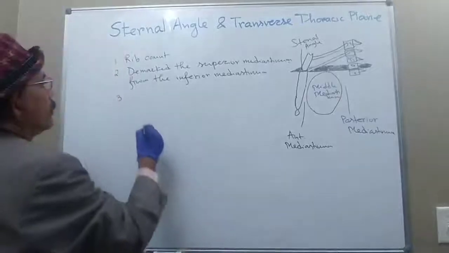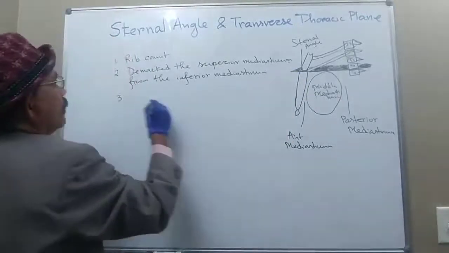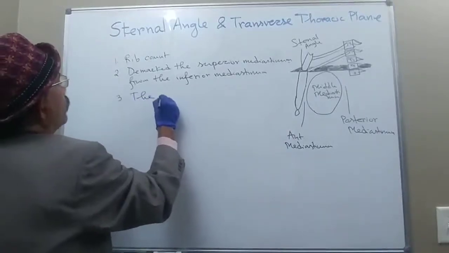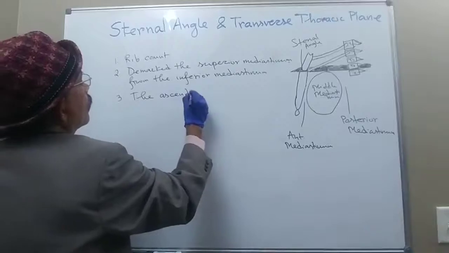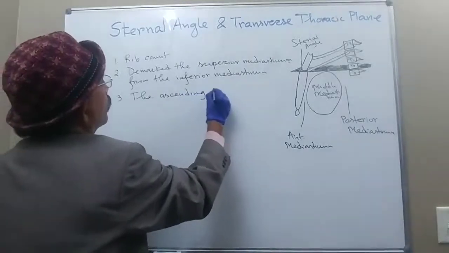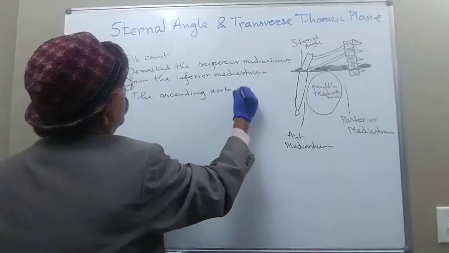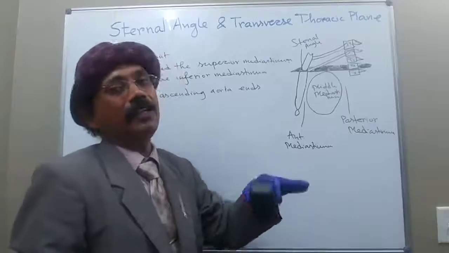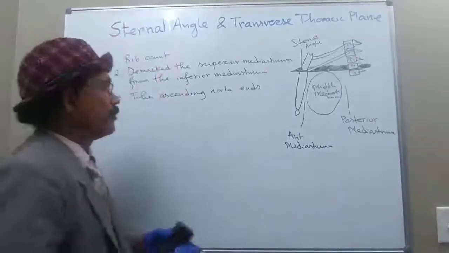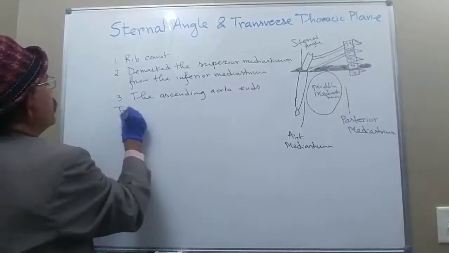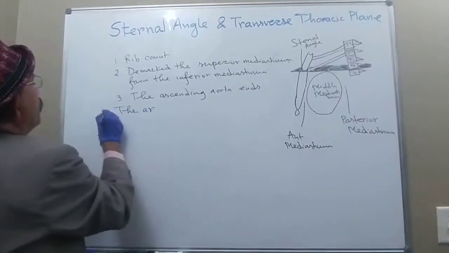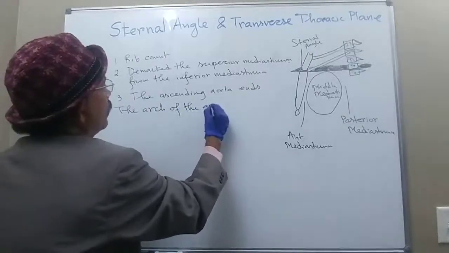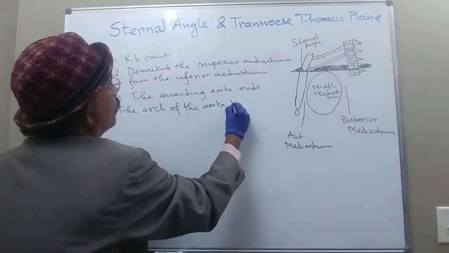Then we go to the aorta. At this plane, the ascending aorta ends. Ends does not mean closes; it continues as the arch of the aorta. The arch of the aorta begins at this level.